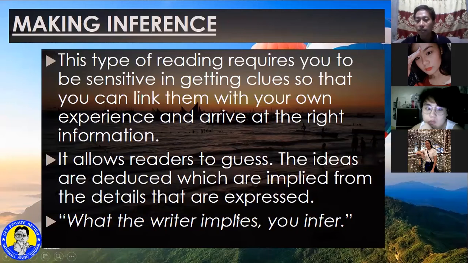Just consider this saying: what the writer implies, you infer. So you do not need to know all the details because some of the details are just implied. You do not have to be dictated every word in order to know the real meaning of the story, okay?